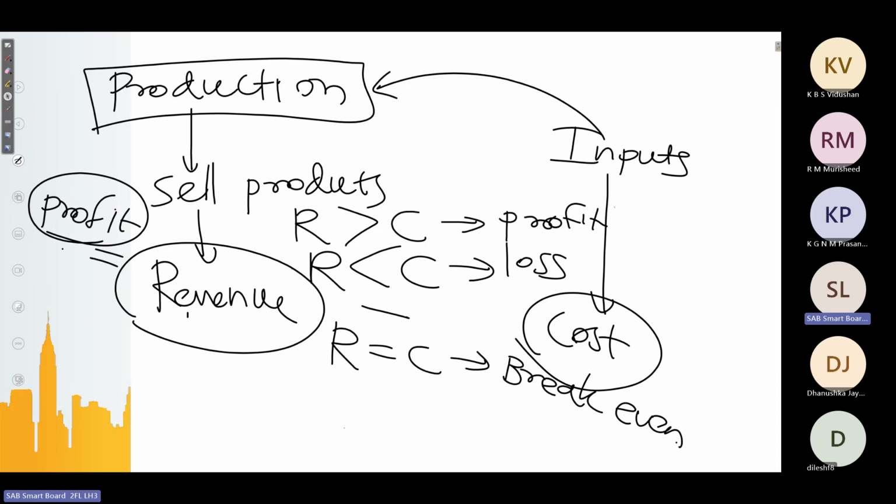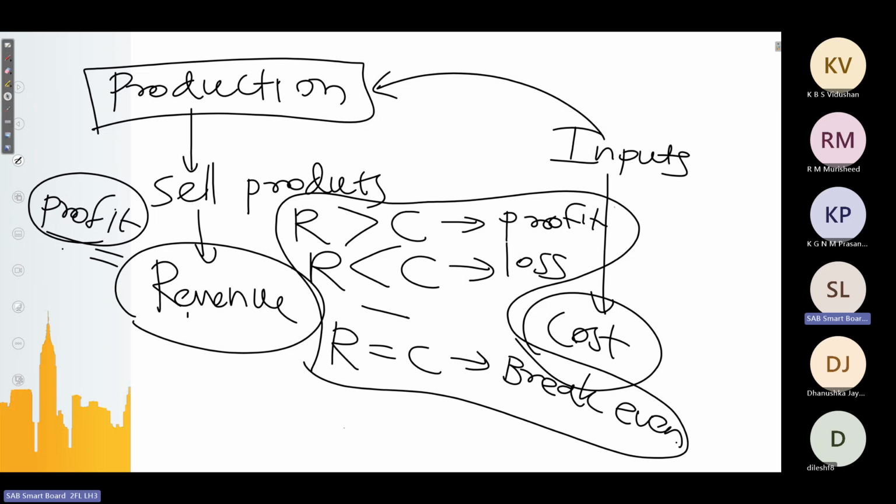So these are the three types of outcomes. When the firm is earning a higher revenue than its cost, the firm is earning profits. When the revenue is less than the cost, the firm is earning losses. When the revenue and cost are equal, the firm is operating at a break even.